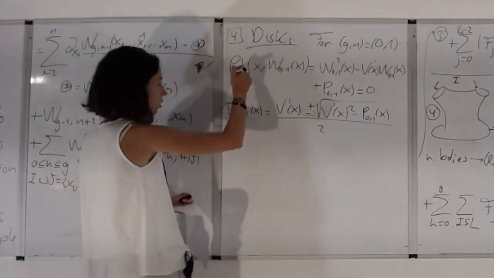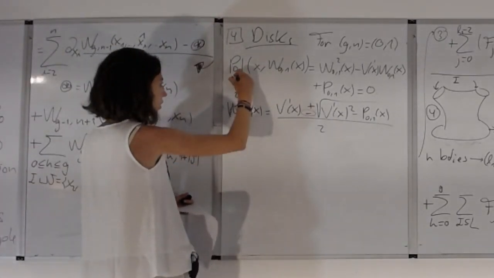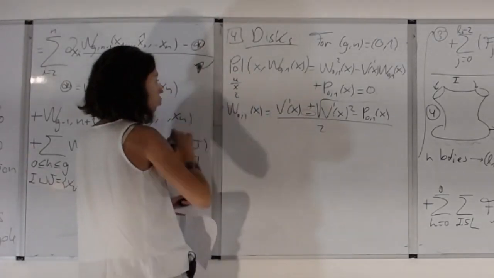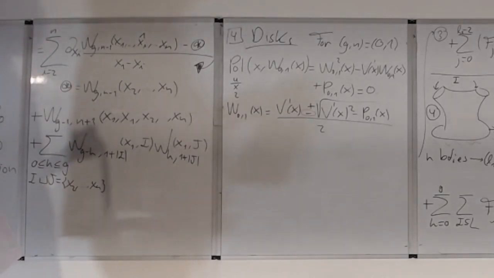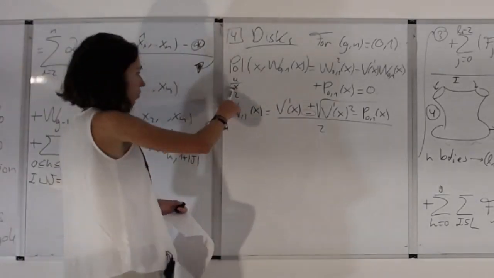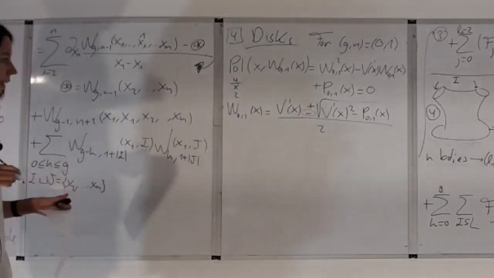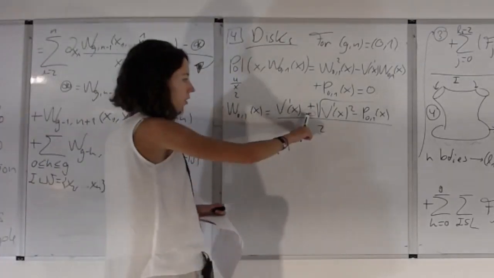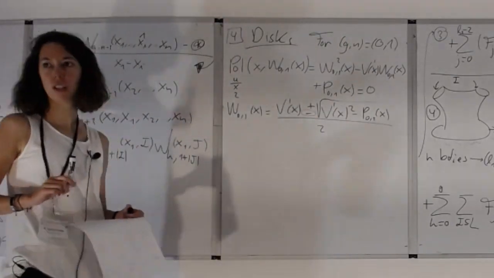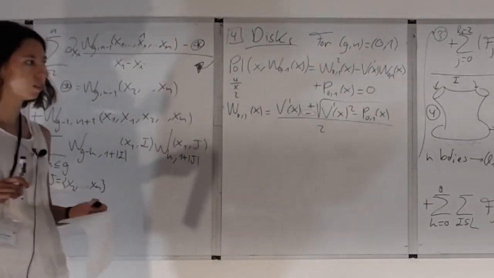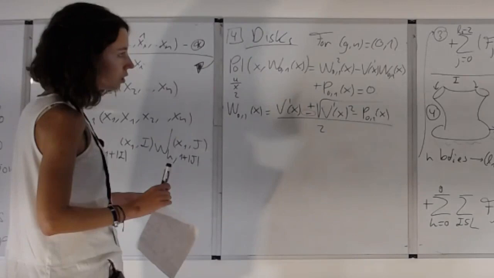From the definition of this guy, you can see that this starts with u over x. U was the parameter that was keeping track of the vertices. So this is the first term. And if we don't pick the minus, we will never be able to kill the leading terms in this polynomial in here.